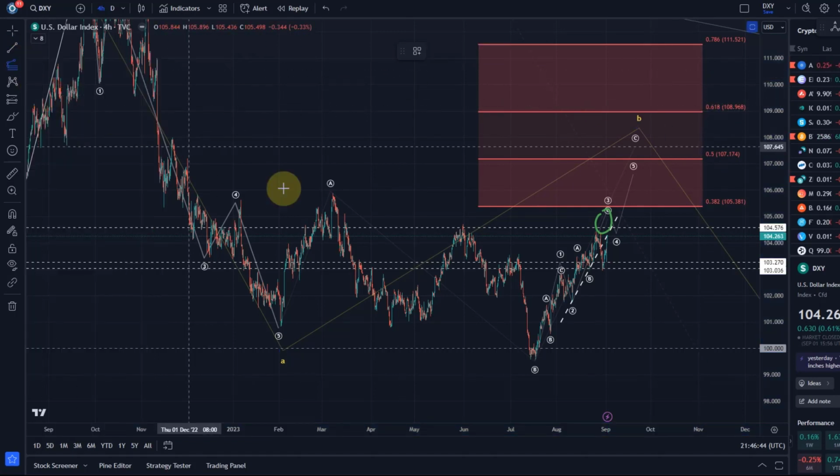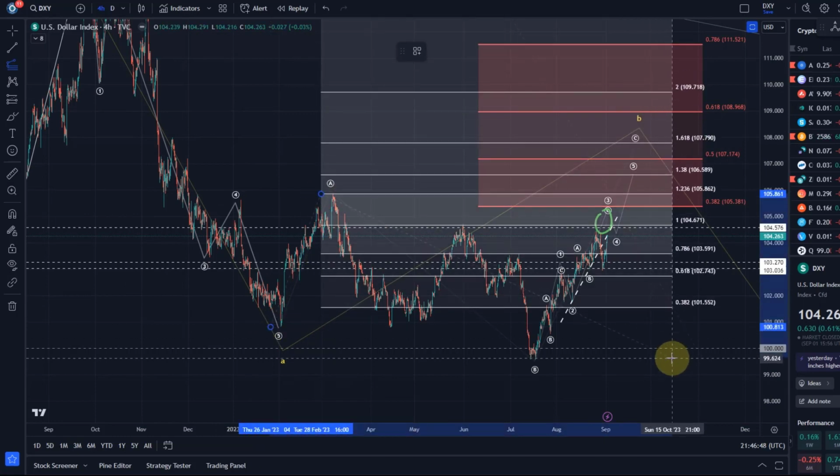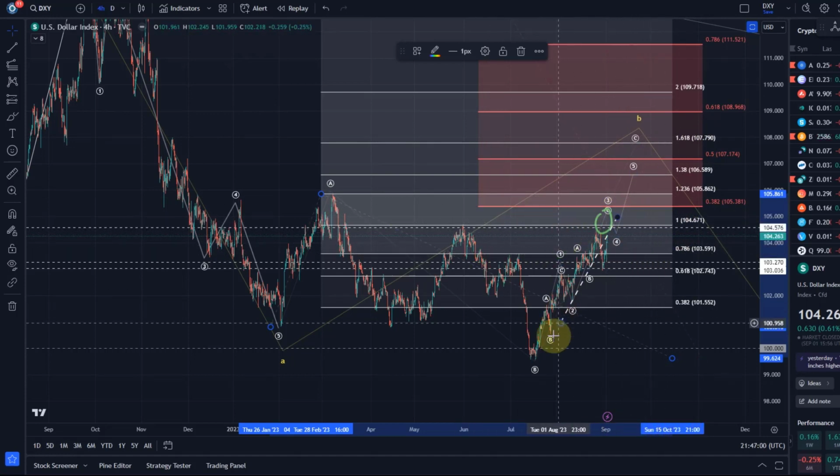These are standard retracements. We can also add an extension level that might be worth watching, and that is the 1.618 extension up here at $107.79. But also be aware that the 1-to-1 ratio, which would fulfill the minimum expectations here, is also around $104.60.